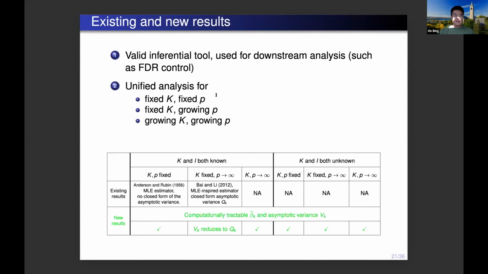So far we have derived a valid inferential tool which can be used for downstream analysis, such as FDR control. And our analysis unifies all the scenarios, for both fixed P, fixed K, and growing K and P. And also we are able to provide a computationally tractable estimator, as well as a consistent estimator of the asymptotic variance term.